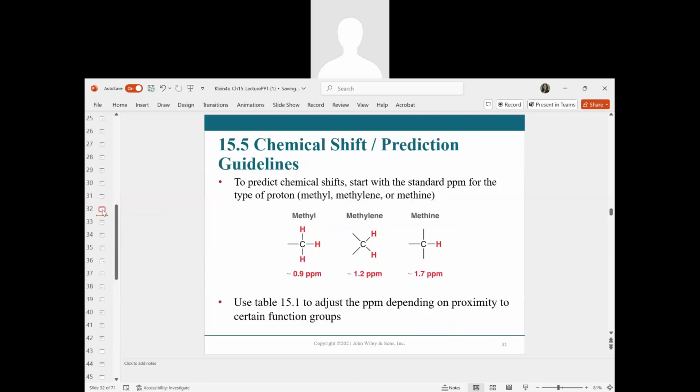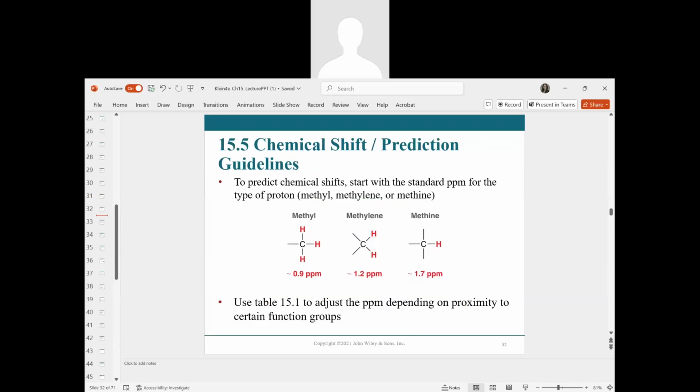So again, that effect carries. Also, depending on the type of proton that we have to start with, that can also be a starting point for our shift calculation. So for example, if we have a methyl proton, we can see that the shift would begin there.